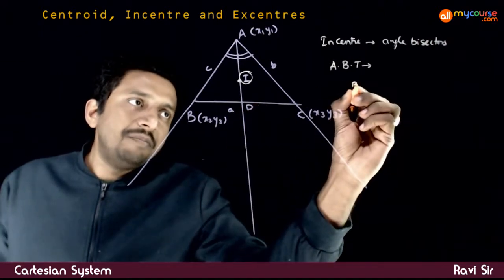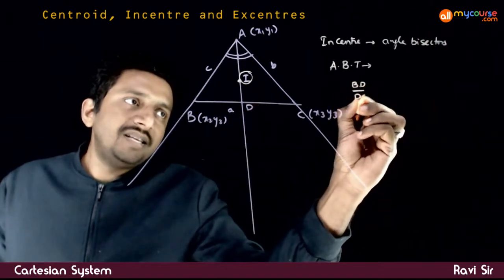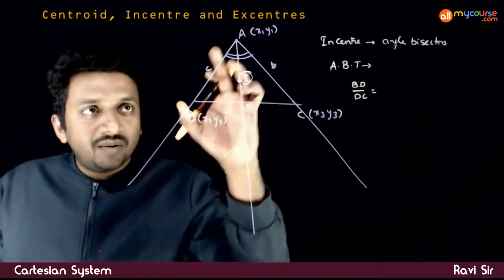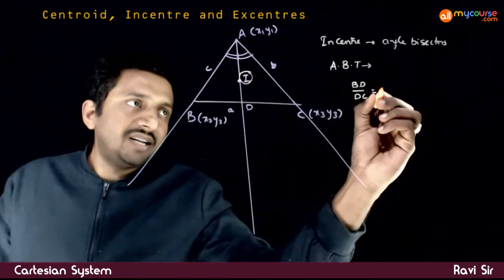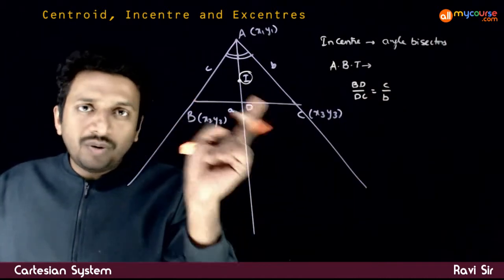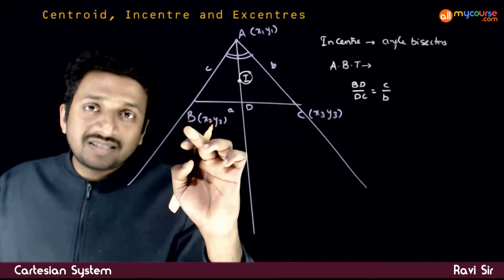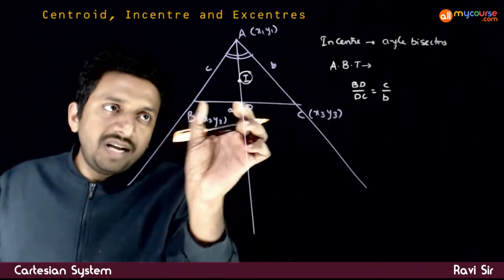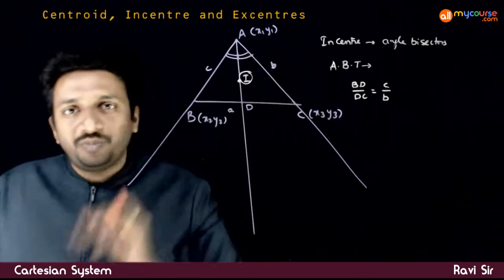It is BD by DC equal to this ratio. This length is to this length as this side is to this side. It is c by b. The side opposite to vertex C is called small c. The side opposite to vertex B is called small b. So BD is to DC equal to c is to b.